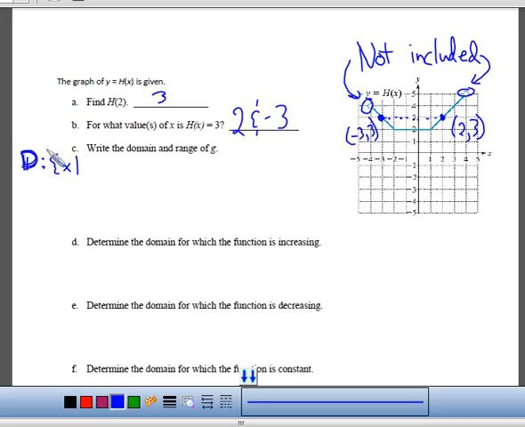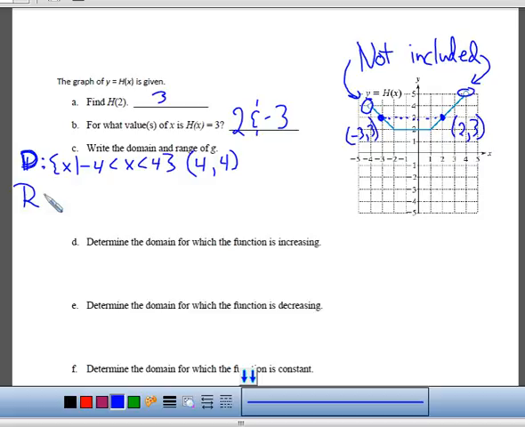So we're between negative 4 and 4. Now notice I'm using just less than and not less than or equal to. Why? Because I have open circles for this one. And again, your interval notation, negative 4, comma 4, but this time it's parentheses because they're not included.